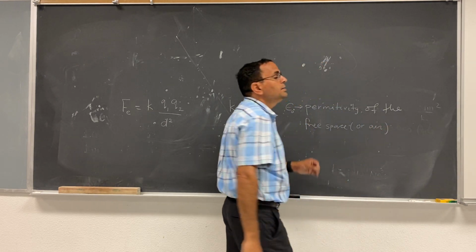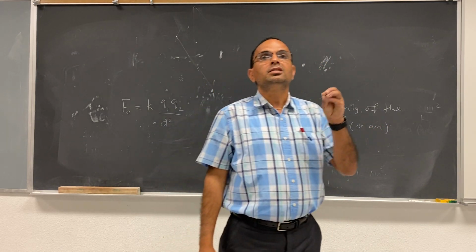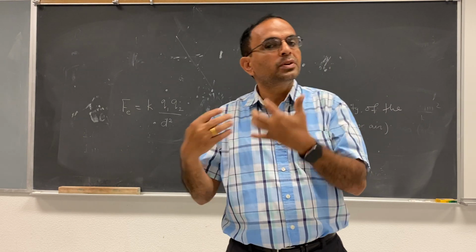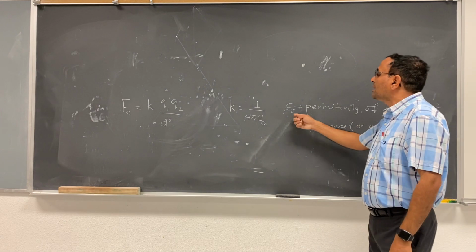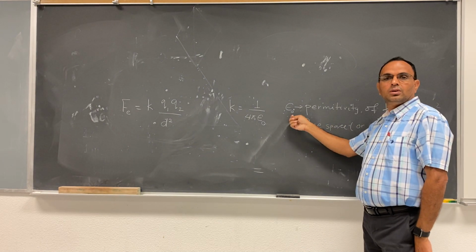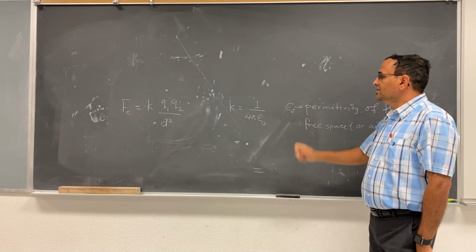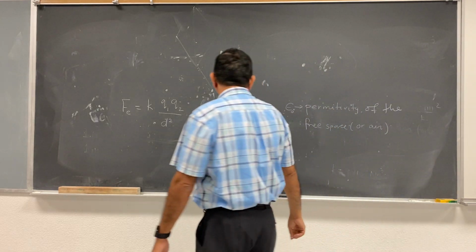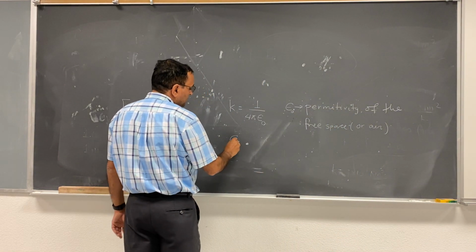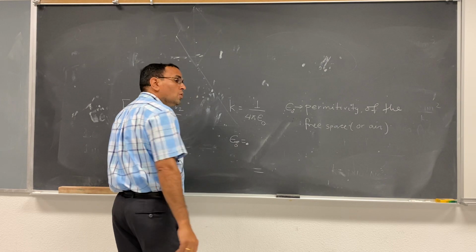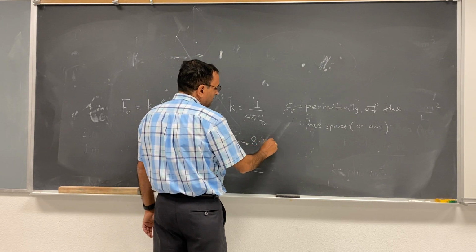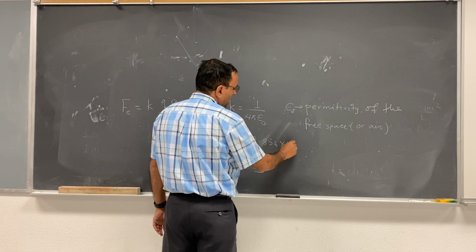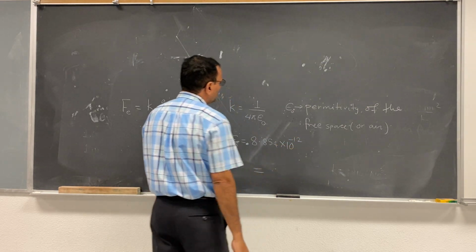What is permittivity? What does this mean? This means the response of the free space to the charge. That is what we call the permittivity, epsilon 0. This is a constant. This is, I think, 8.854 times 10 to the power negative 12.